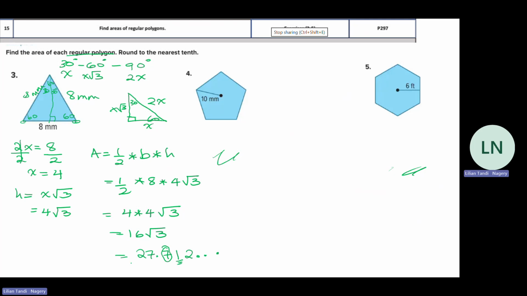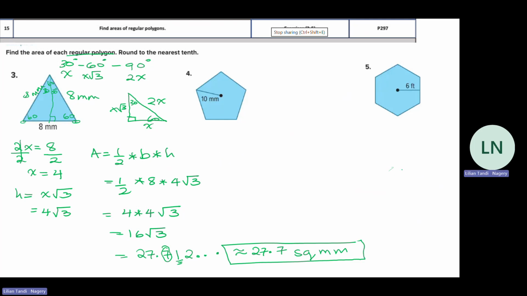Are we adding? Yes. So this is 27.7. No, we are not adding because this number is not 5 or more. And then this is square millimeter. And you box your answer.